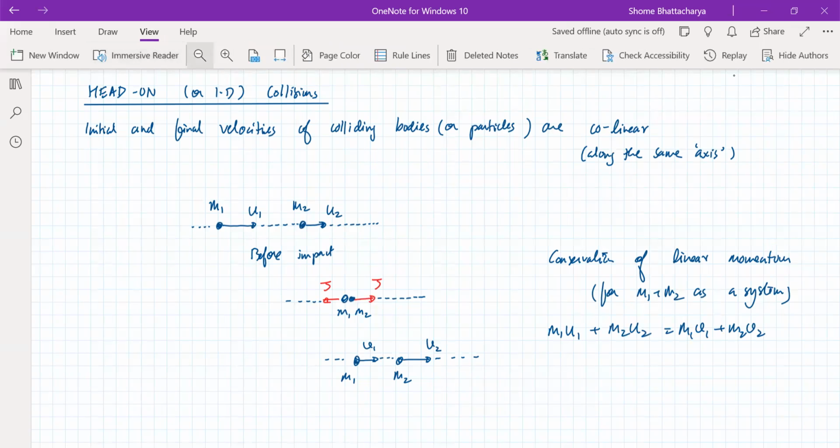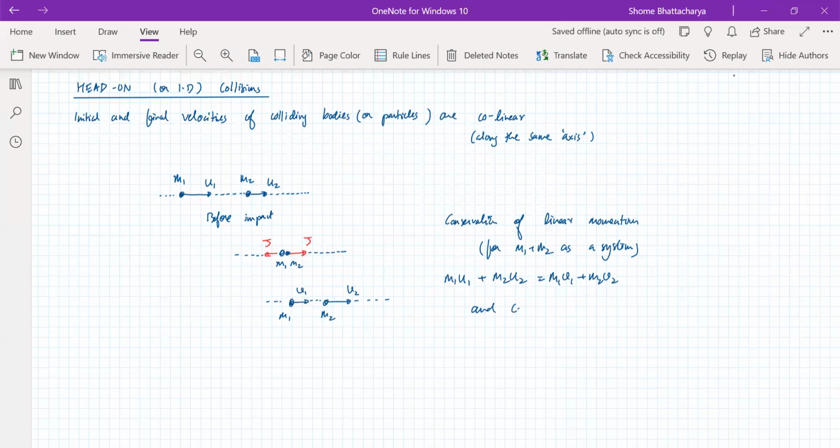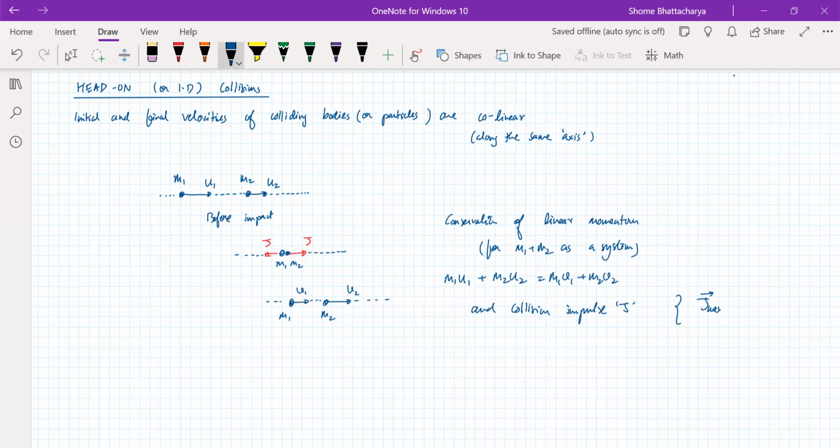And if we consider the collision impulse, by using the impulse momentum theorem, that net impulse acting on any body or particle is equal to the change in its momentum.